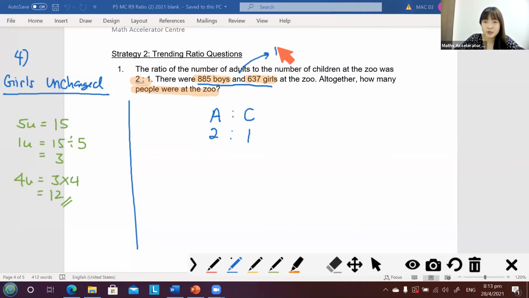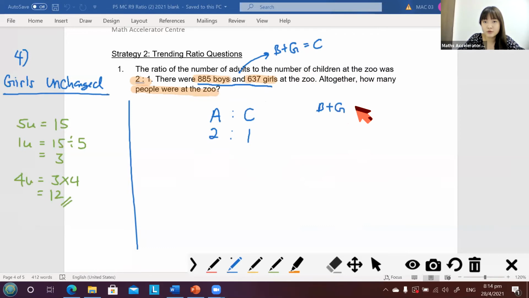Boys plus girls. Okay, for those of you who came for last week class, right? Okay, you should know boys plus girls will give you children. Okay, yep, Shivani, correct, children. So if this is children, it can represent the 1 unit here. Okay, so let's look for it.